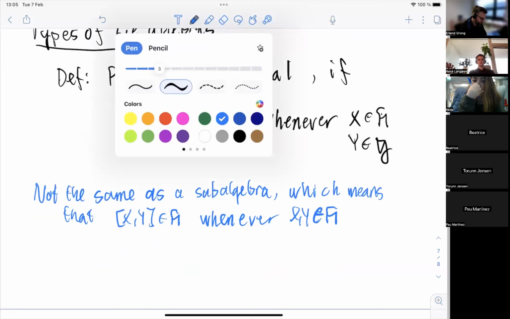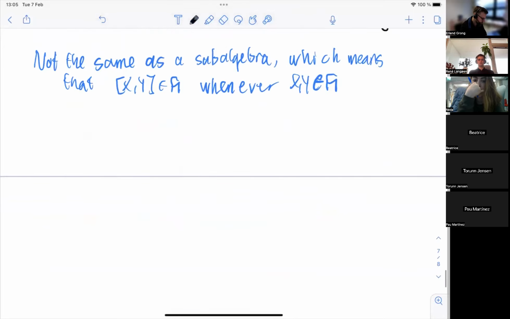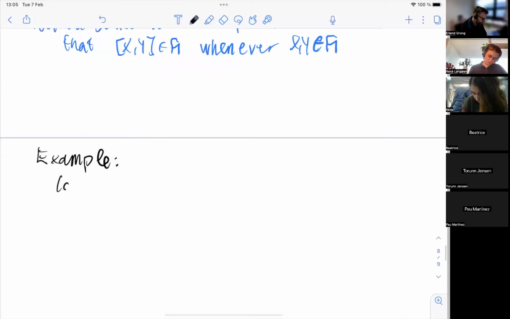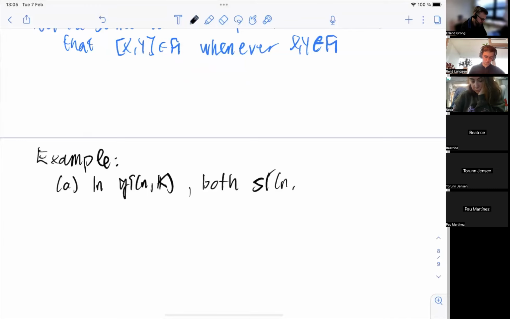So let's do some examples. Let's say in gl(n), both sl(n) and the span of the identity are ideals.